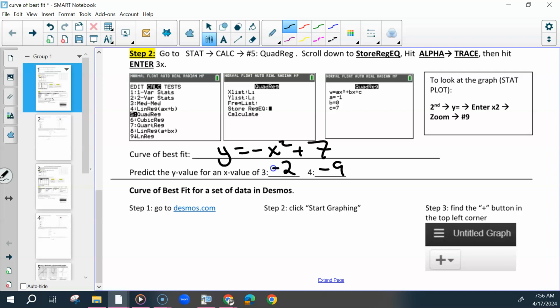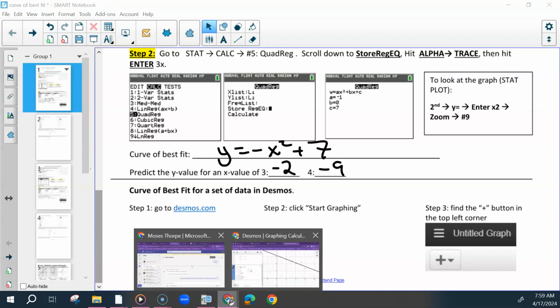I know we did that kind of fast because some of that is really just the same as line of best fit. Just the curve of best fit has more. Now let's do this in Desmos. It's the same data set.